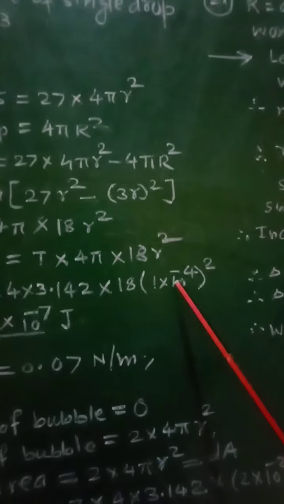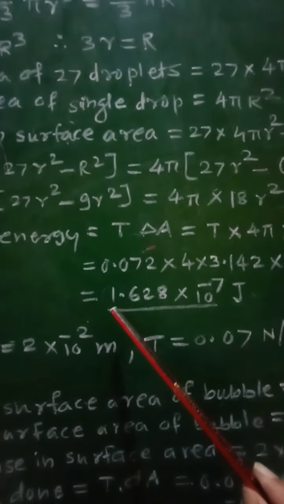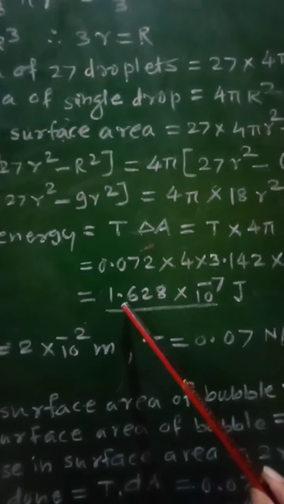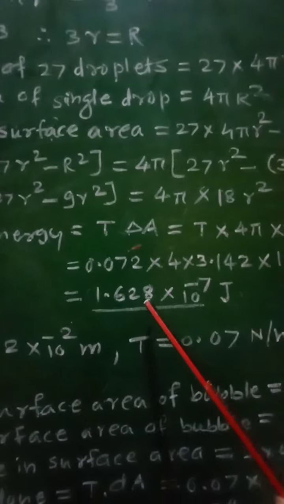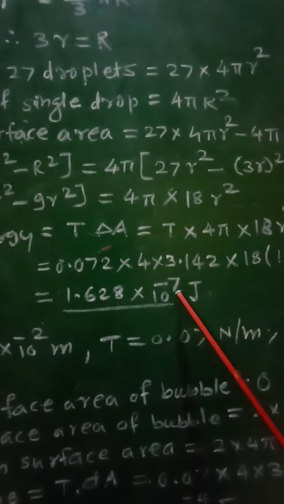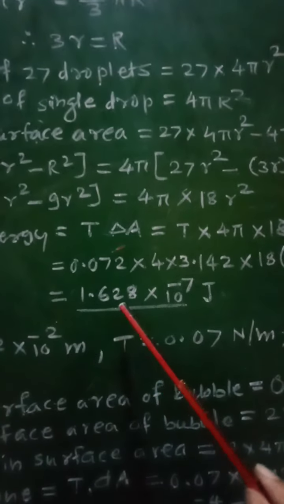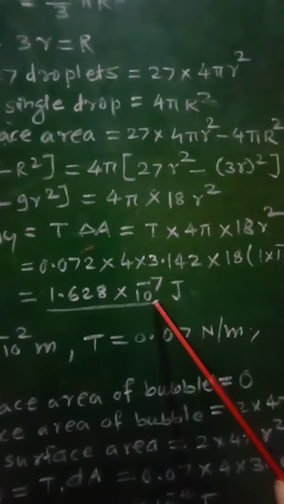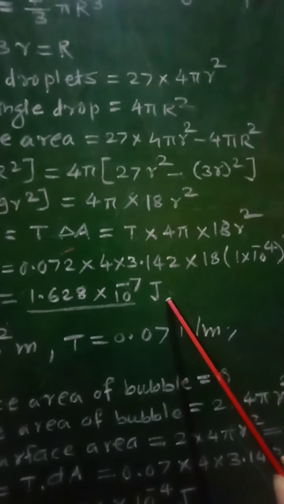This will be value of small r. Calculating this, we will get the change in energy equal to 1.628 into 10 raised to minus 7 joule.